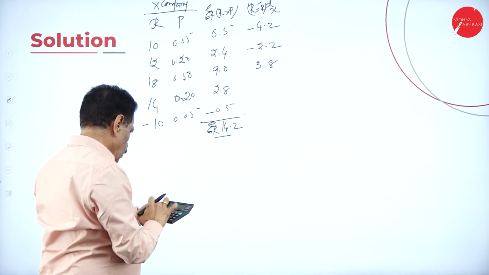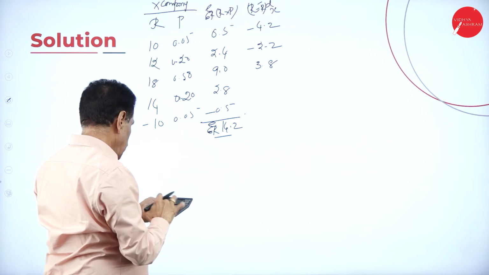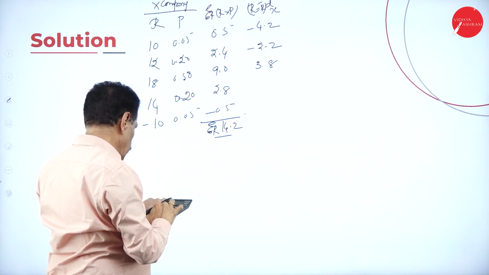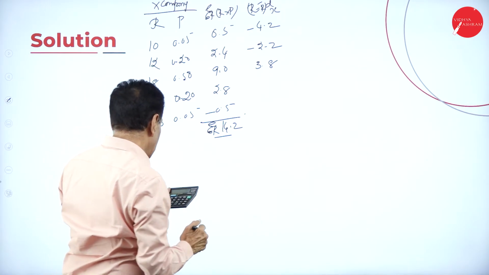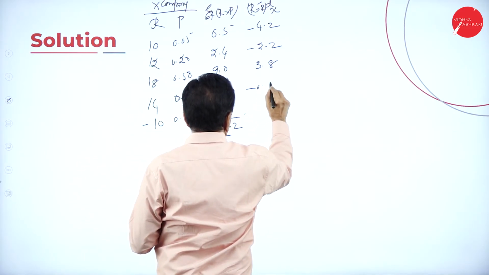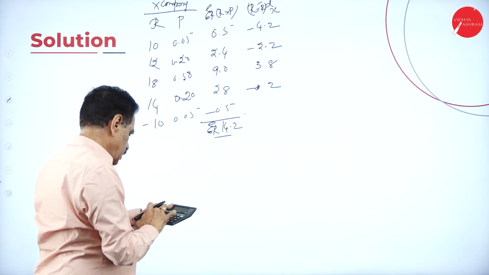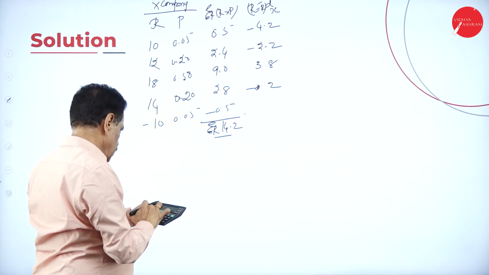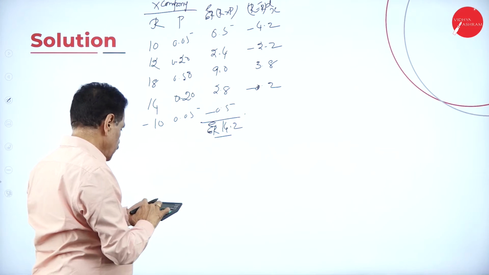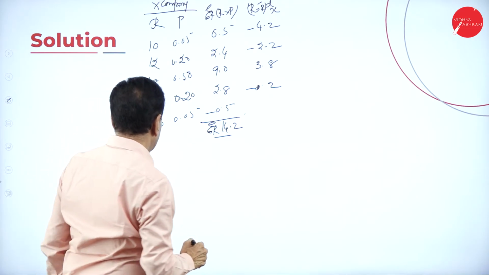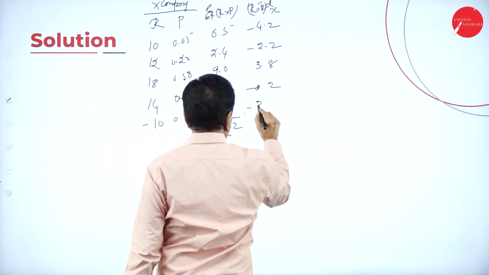Then 14 minus 14.2 is minus 0.2. 10 minus 14.2 is minus 24.2.